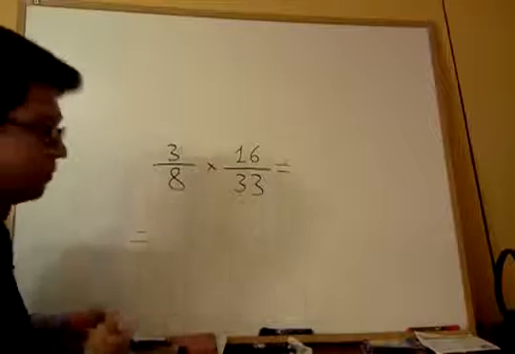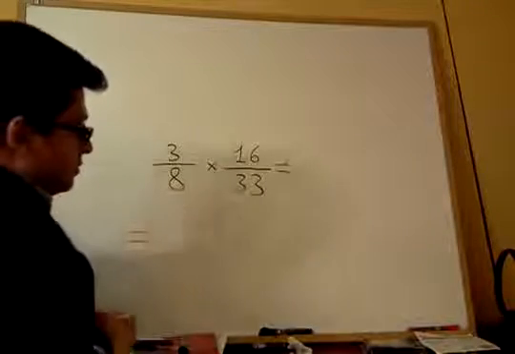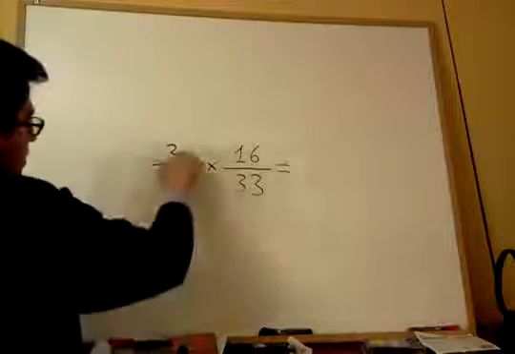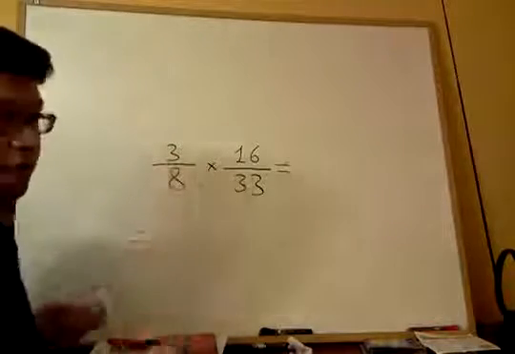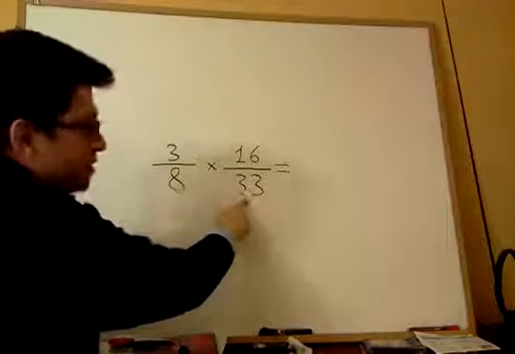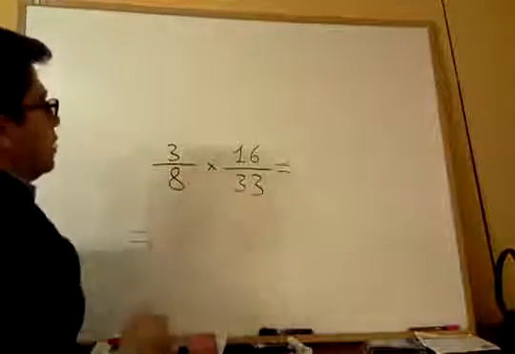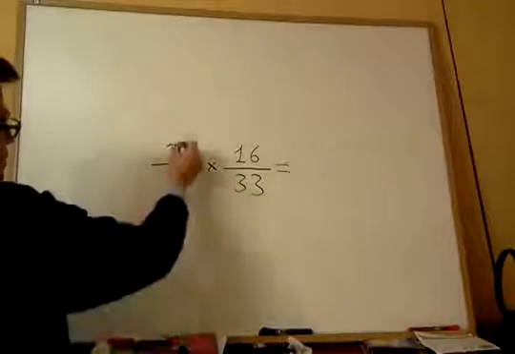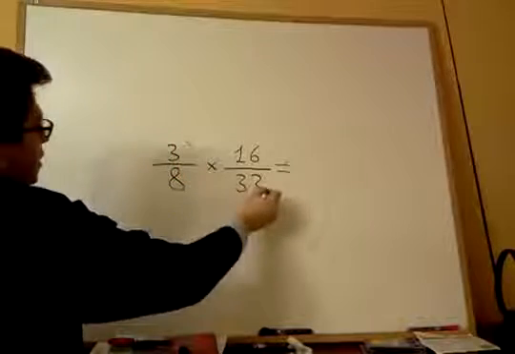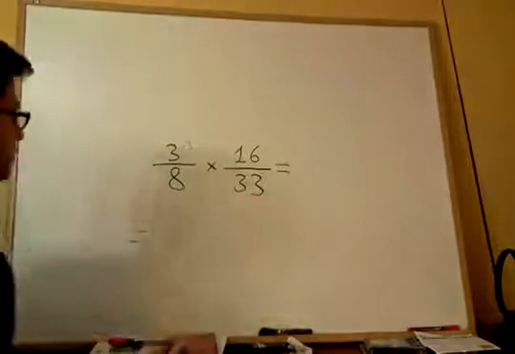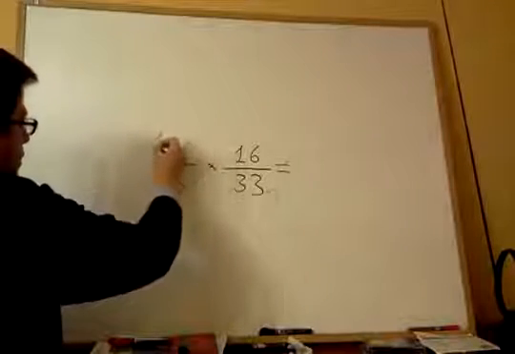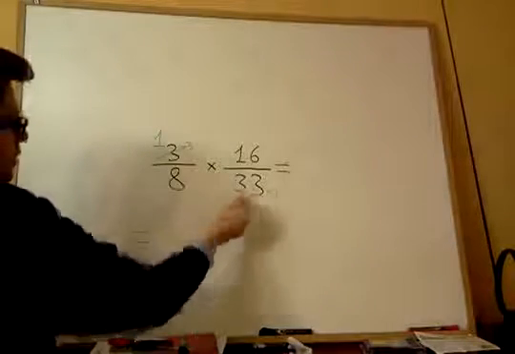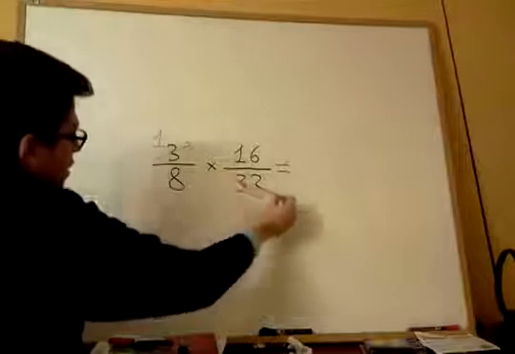I can reduce before I multiply. 3 and 33, both divisible by 3. So 3 divided by 3 will be 1. 33 divided by 3 will be 11.